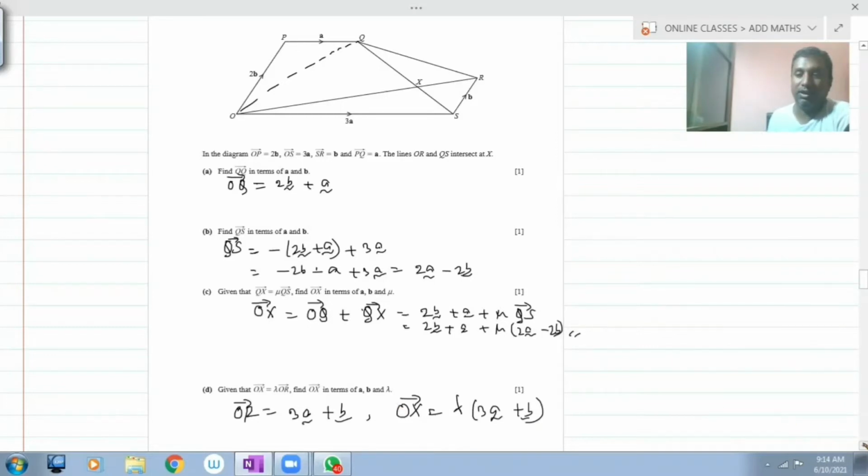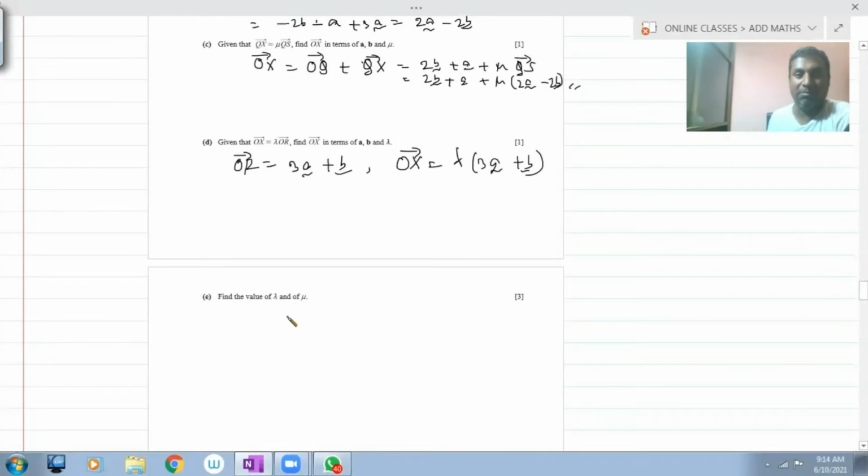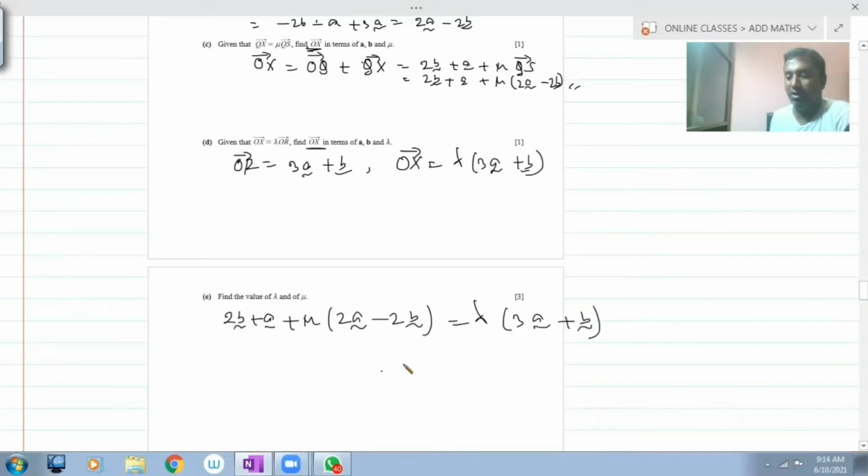Now the next thing will be to find out the values of lambda and mu. Since OX is given here and OX is given here, we can write both things as equal. So 2b plus a plus mu times (2a minus 2b) equals lambda times (3a plus b). Now this is also very easy.